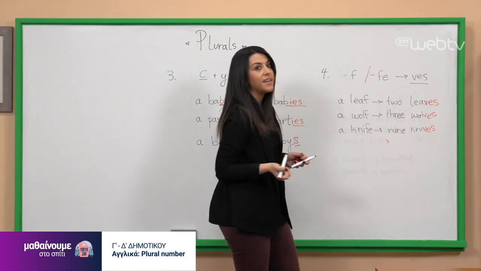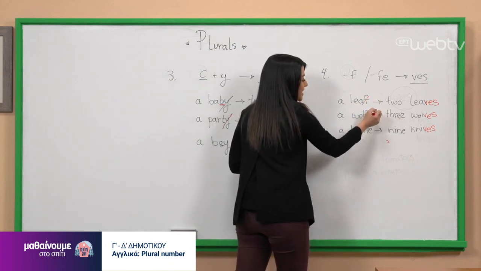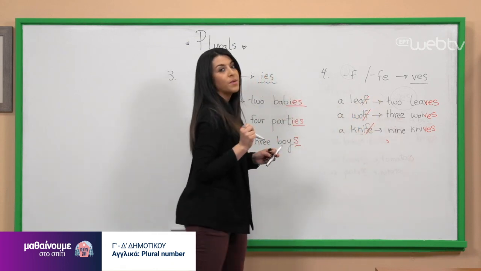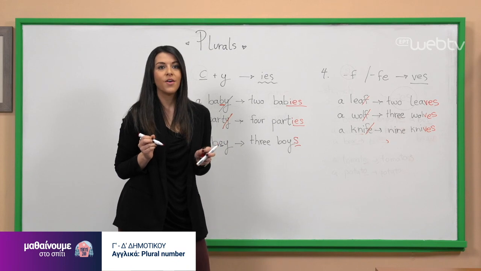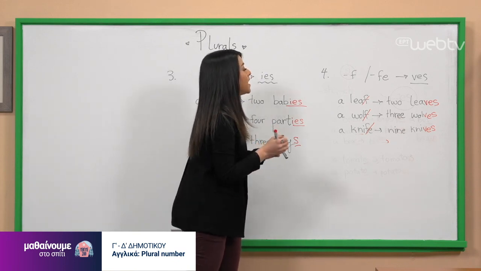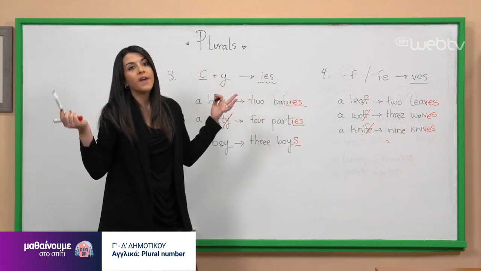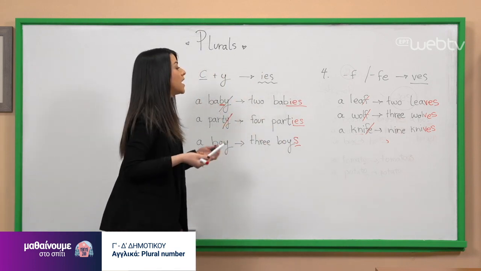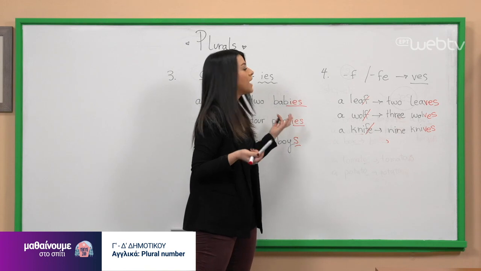So we add this in the end. And of course, we erase this. We don't use it. And we put V-E-S, okay? So let's see. A leaf, 2 leaves again. A wolf, 3, 4, 5, 6 wolves. And a knife, 10, 9 knives.